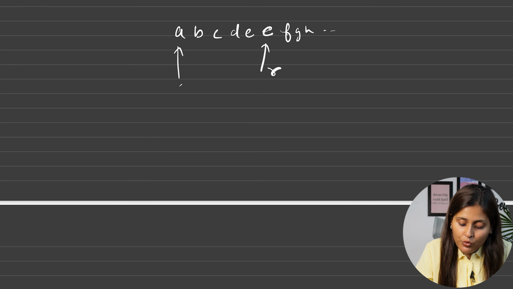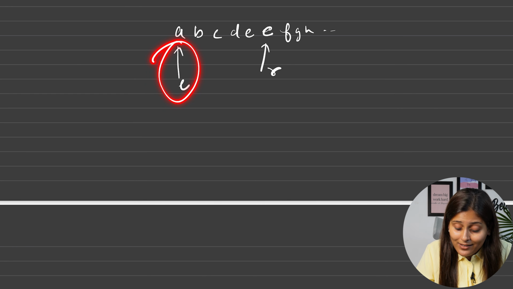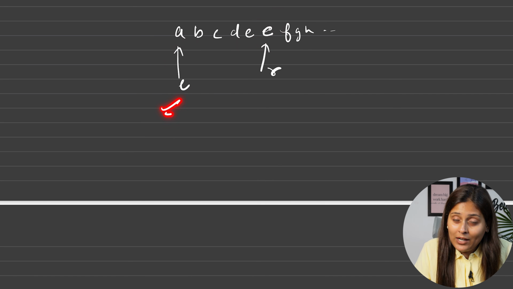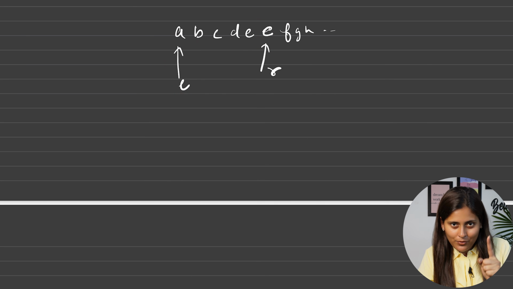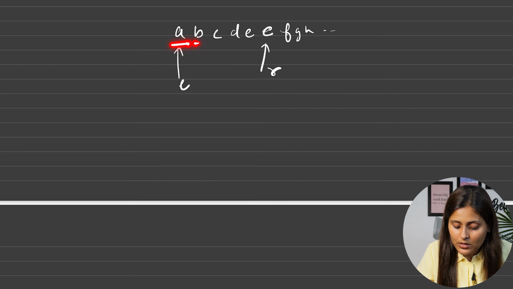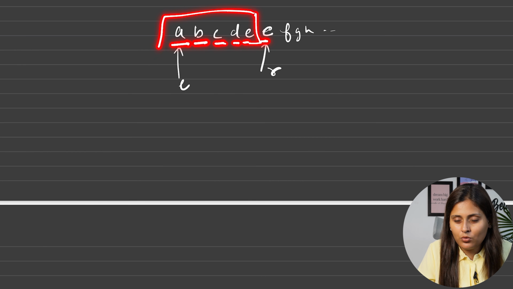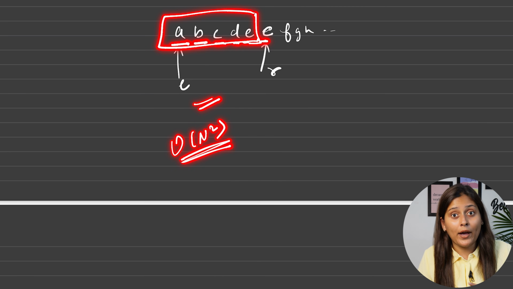You will start moving your left pointer ahead until the frequency of E becomes 1 again, because now the frequency is 2. So how much time will this while loop run? Do you think one time? You are going to reduce this, correct? So basically it runs almost O of n, so in the worst case it can look like O of n square also.